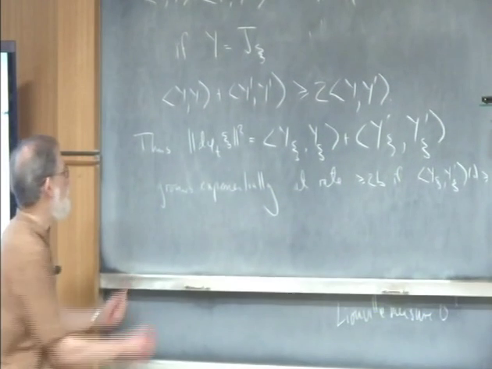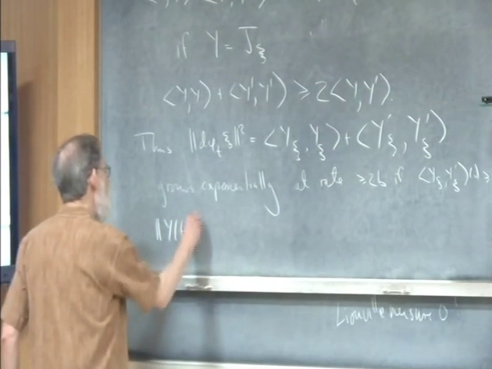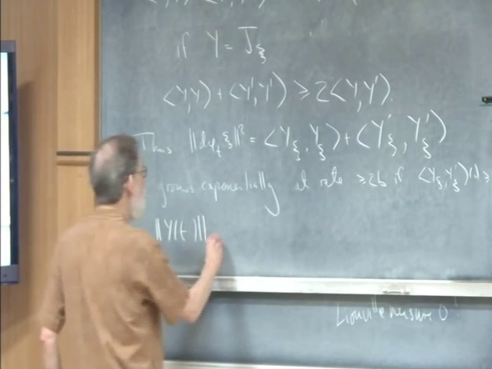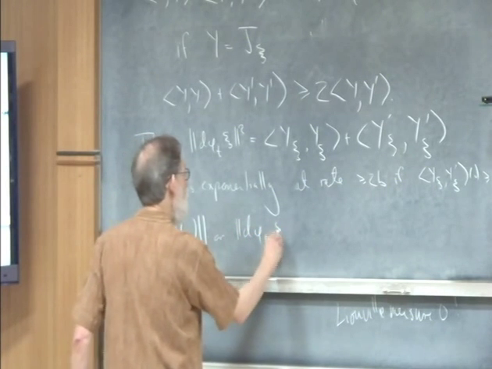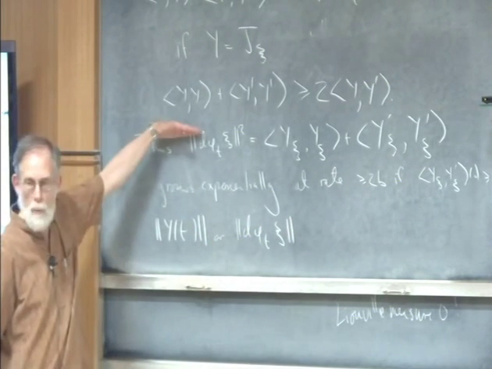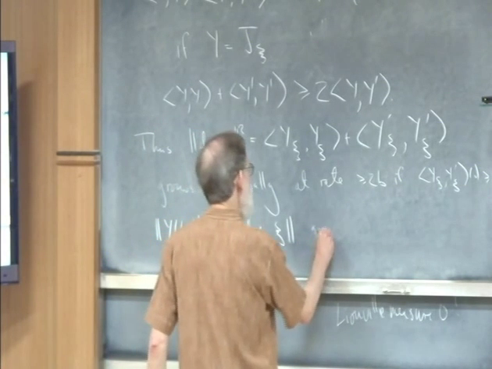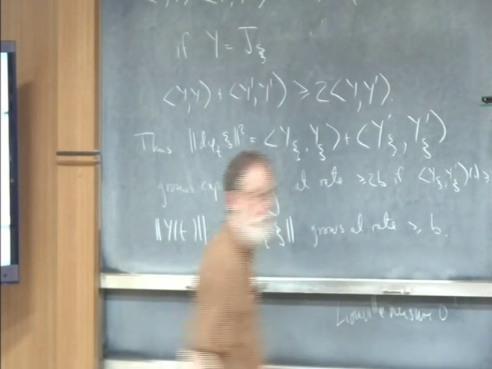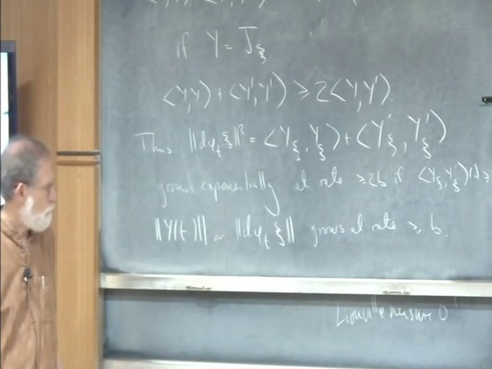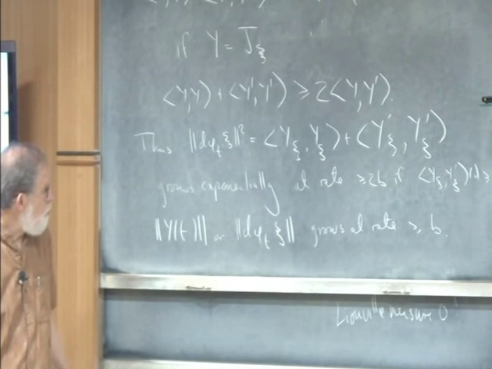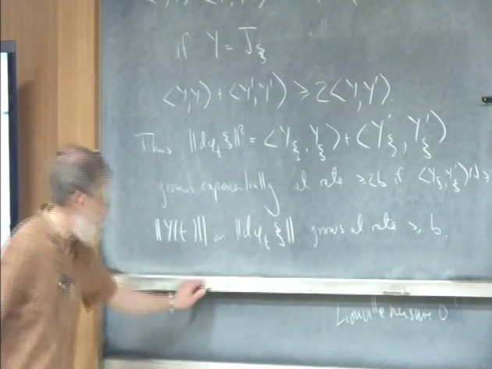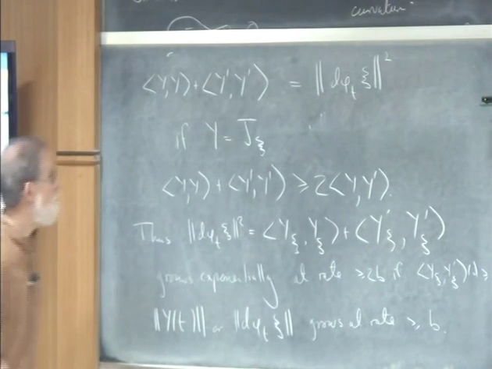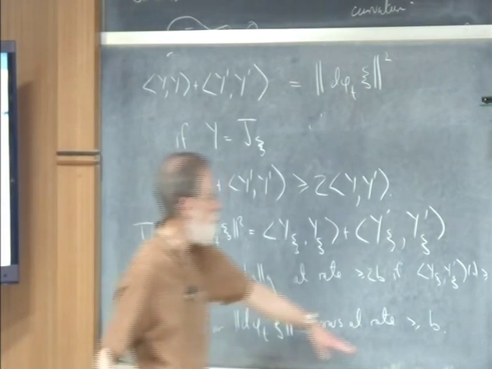And maybe it's worth remarking that if we look at the norm of y of t, yes, we're looking at the square root of these things, and this grows at rate greater than or equal to b. And so we discover that there are a lot of vectors ξ for which you get a growth rate of at least b.